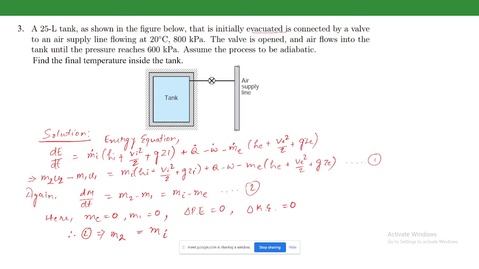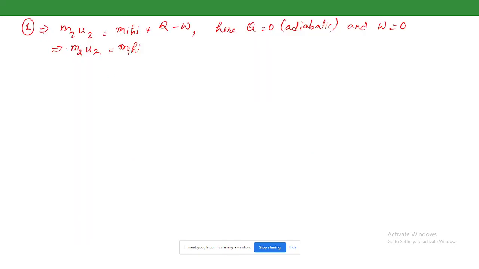From the mass balance we found that m2 is equal to mi, so the final internal energy is equal to the enthalpy of the air that is entering.